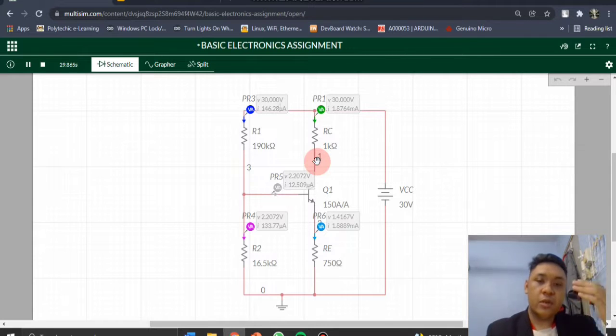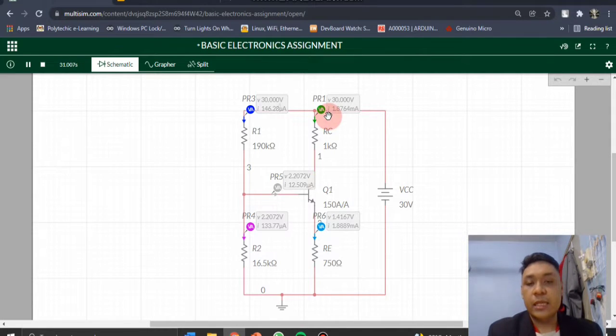Because the current goes through the same node, right here. So IC we got from the lecture is 2 milliampere plus the beta 12.509 microampere.